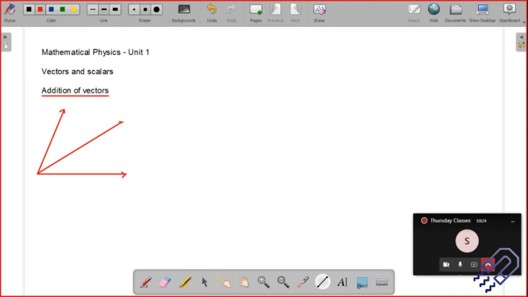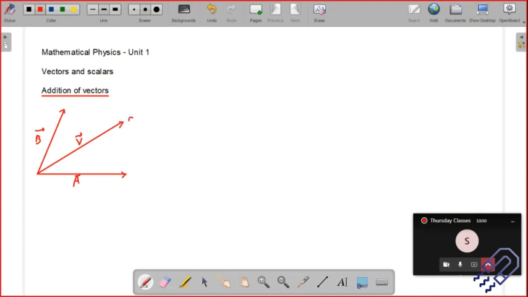So you have a vector here, and let's say this is your vector A, and the other one is your vector B. Then you have a vector v bar here. What you usually want to do is go from one point to another point.